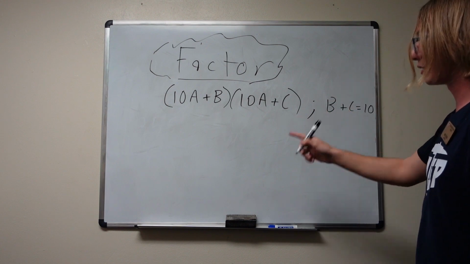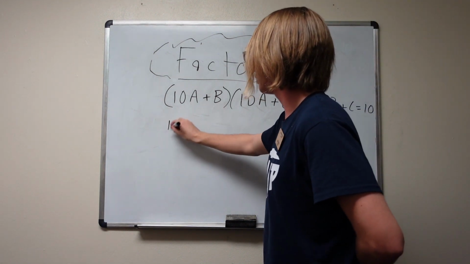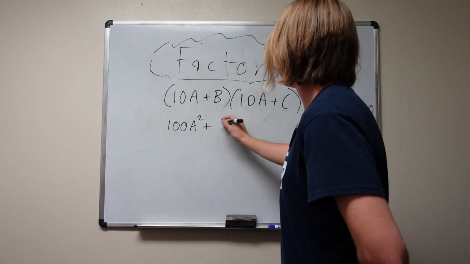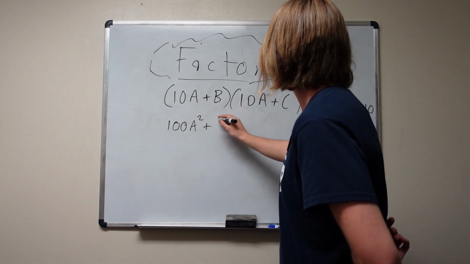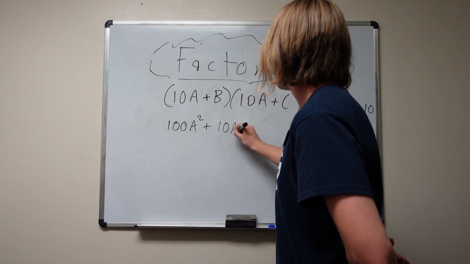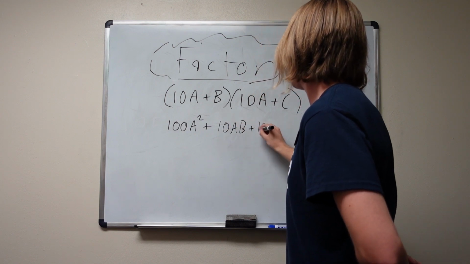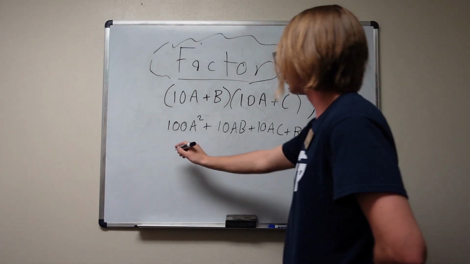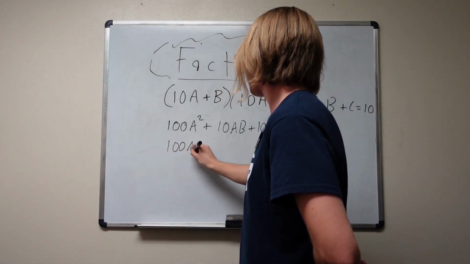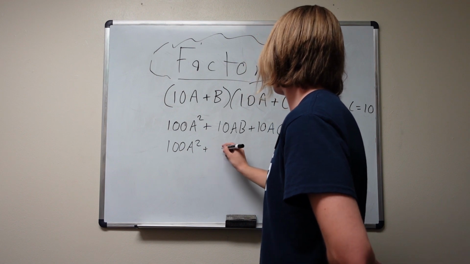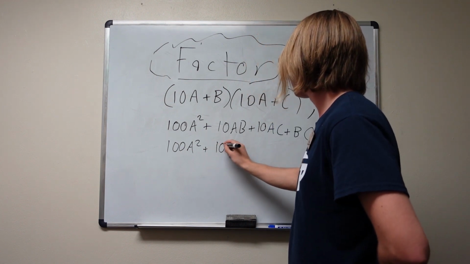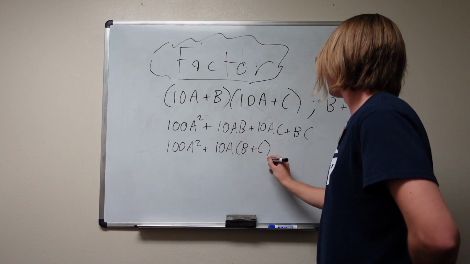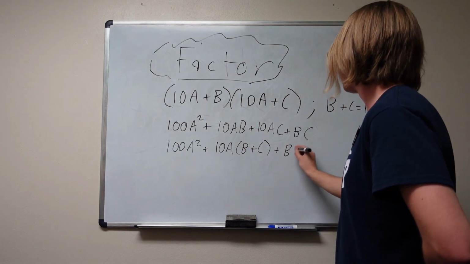So I'm going to go ahead and solve this, which would be 100A squared plus 10AB plus 10AC plus BC. So if I were to write this, we get 100A squared plus 10A times (B plus C) plus BC.